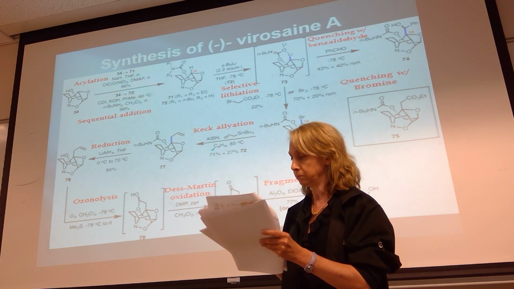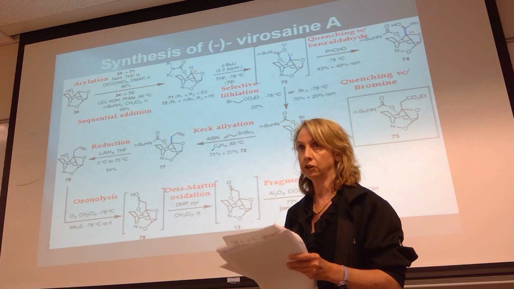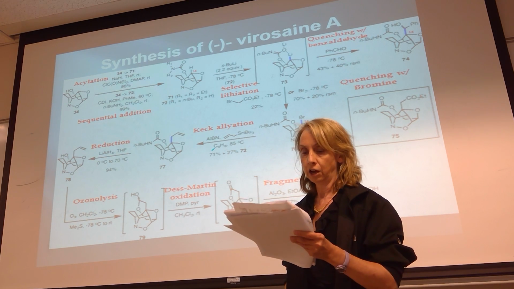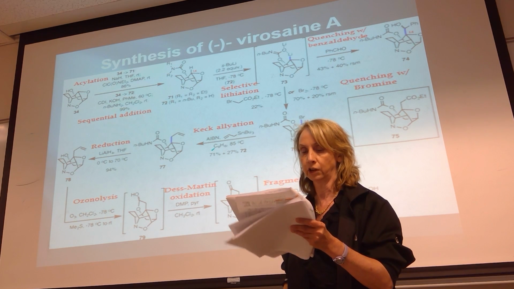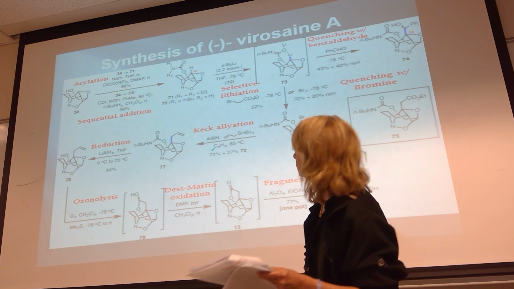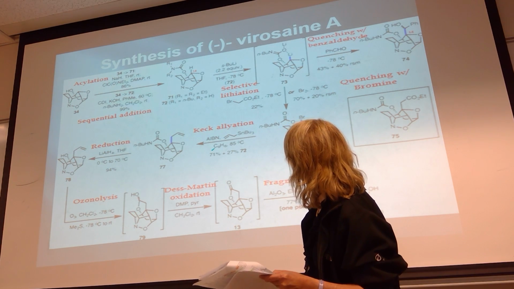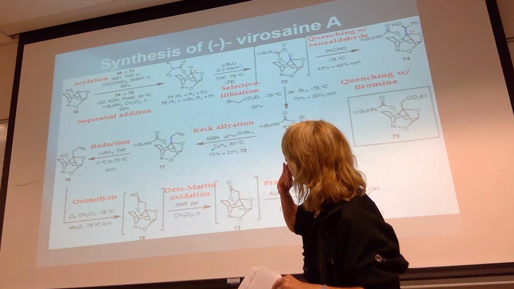They had tried other means, by the way, and they wound up with undesired selectivity, return of starting materials, decomposition, and steric hindrance issues as mentioned. So the selective lithiation was ultimately the way that they went.